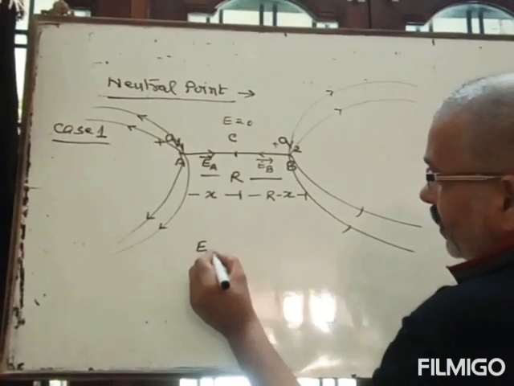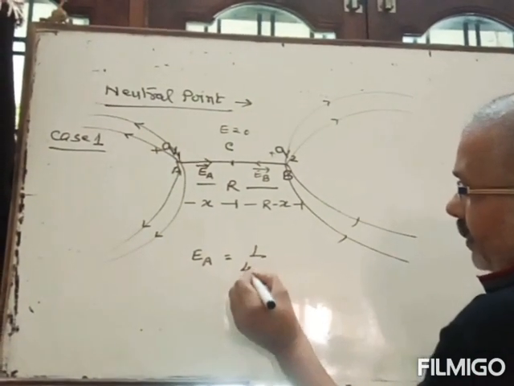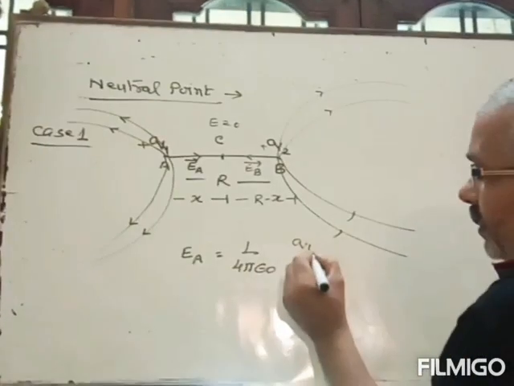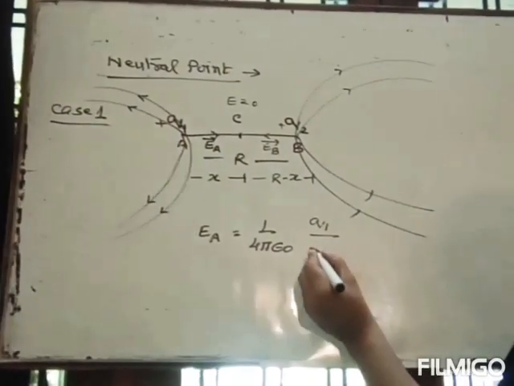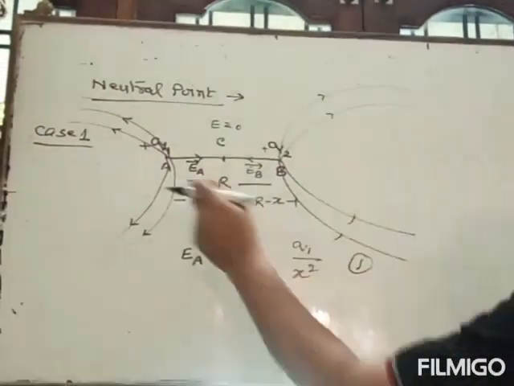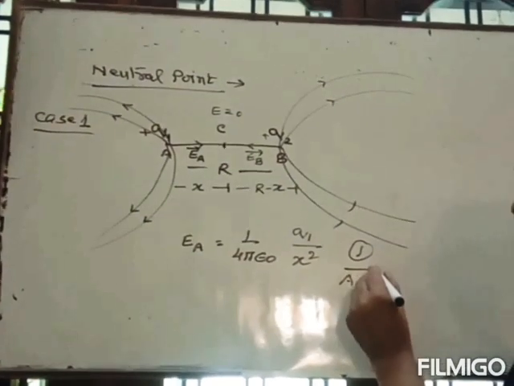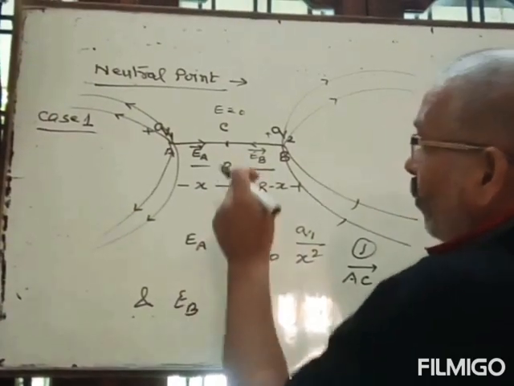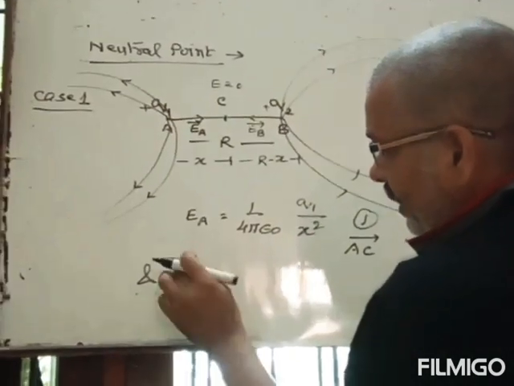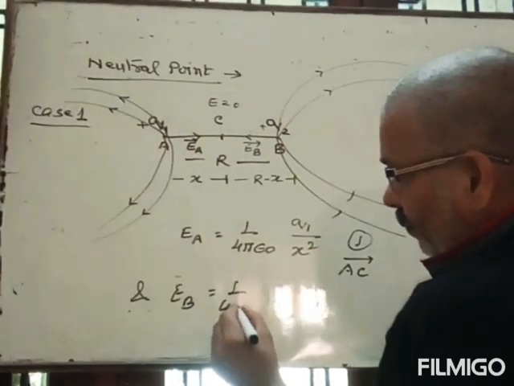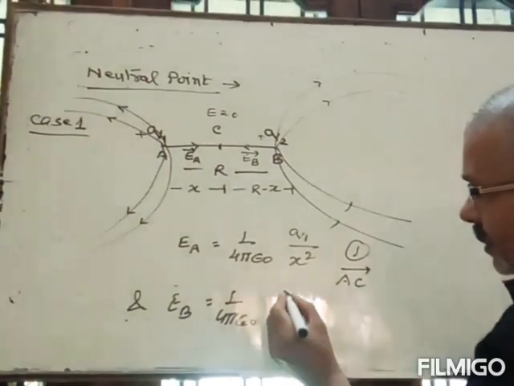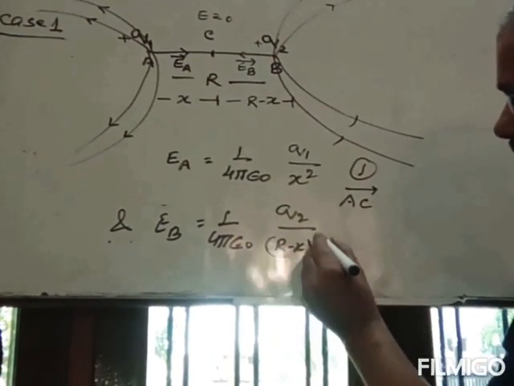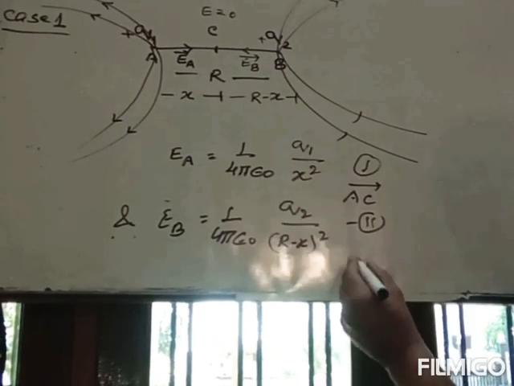So here EA is equal to 1 upon 4 pi epsilon 0 Q1 by X square. Its direction is along AC. Similarly, the electric field intensity at point C due to charge plus Q2, suppose it is EB, is equal to 1 upon 4 pi epsilon 0 Q2 by R minus X whole square. It is along BC.